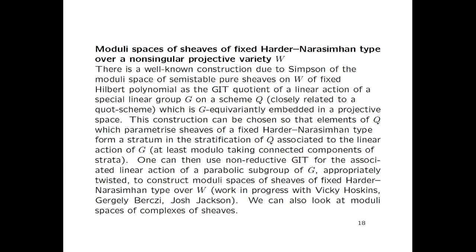You can also look at moduli spaces not just of sheaves, but of complexes of sheaves. That's going to be more relevant when I finally say a little bit at the end about variation of GIT, because there's an interesting variation of GIT going on there.